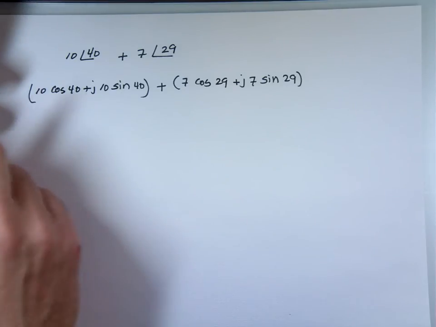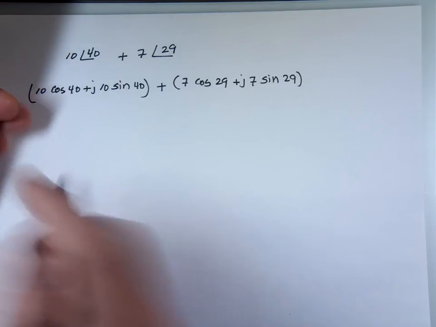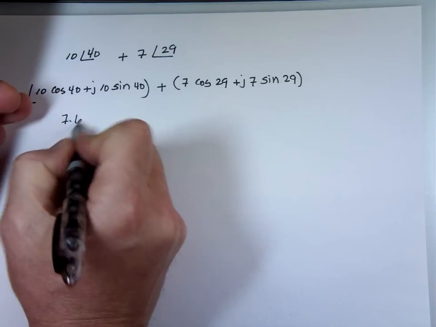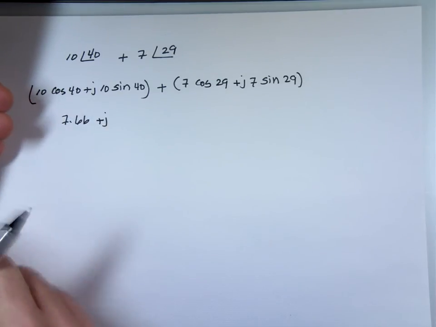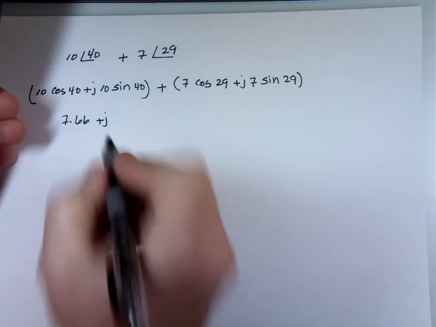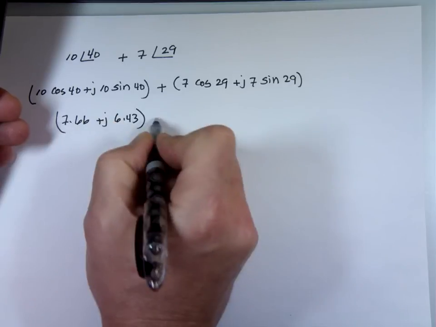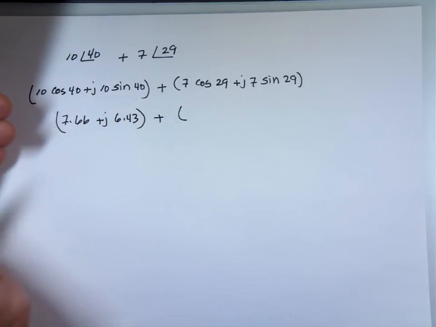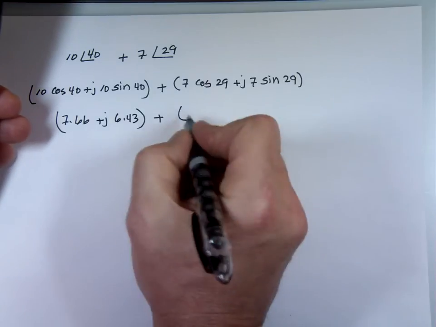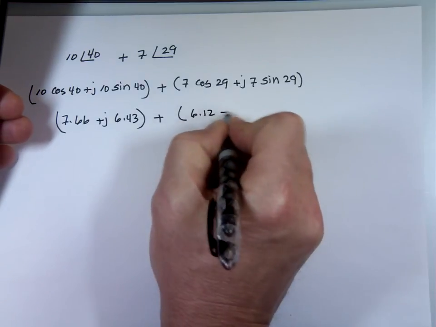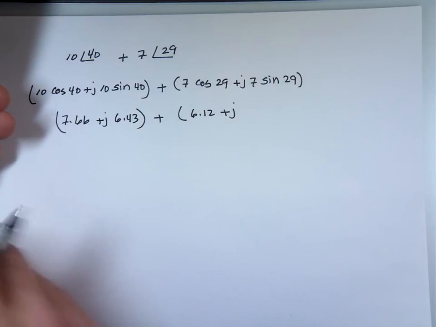Ten cosine 40 is 7.66 plus j 10 sine 40, 6.43. 7 cosine 29 is 6.12. 7 sine 29 should be around 3.5, 3.39.